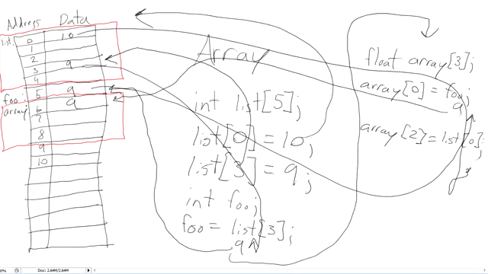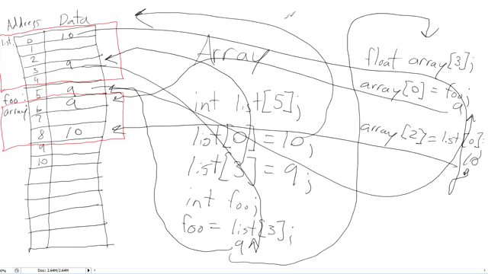We pull that 10 out. Then we store the 10 at array. Array is 6. We want to store it at index 2. 6 plus 2 is 8. We take that 10. We jam it in here. All right. So this is more or less what is happening when you use an array.